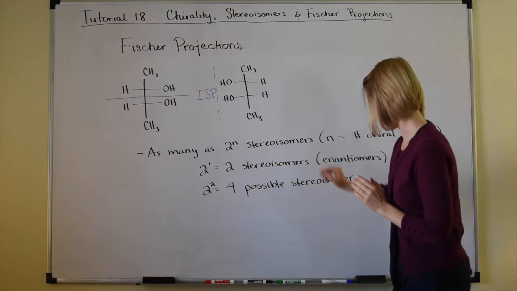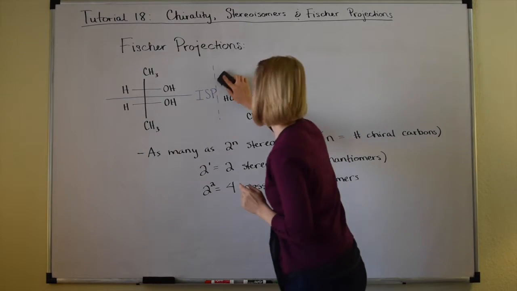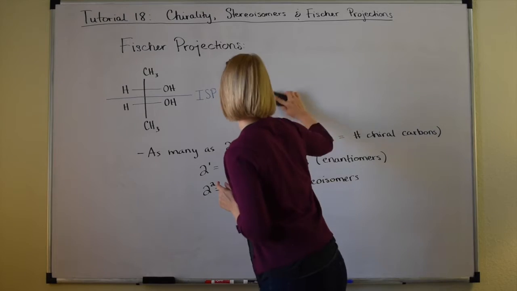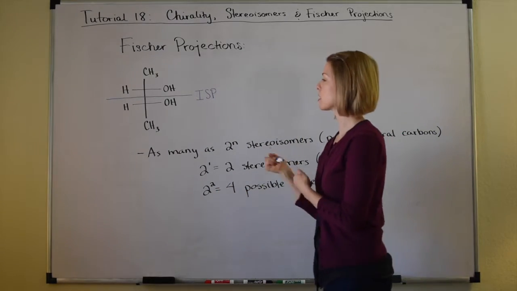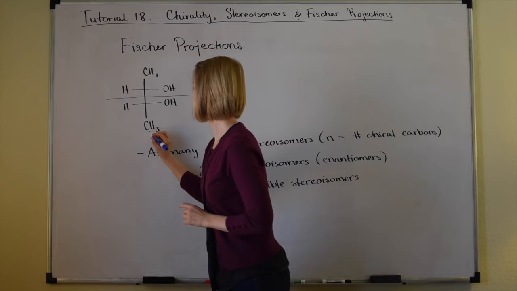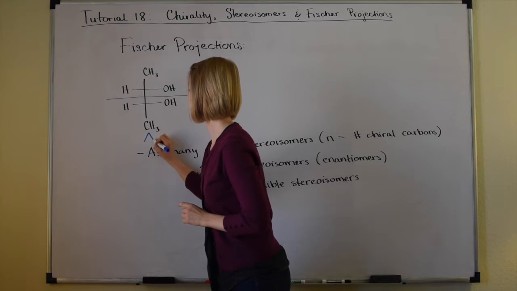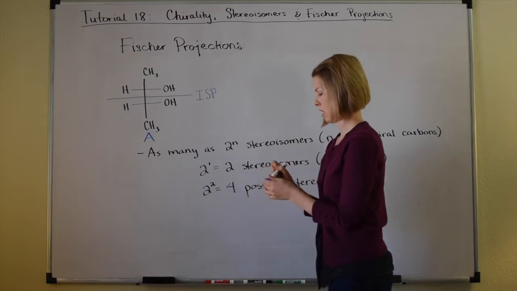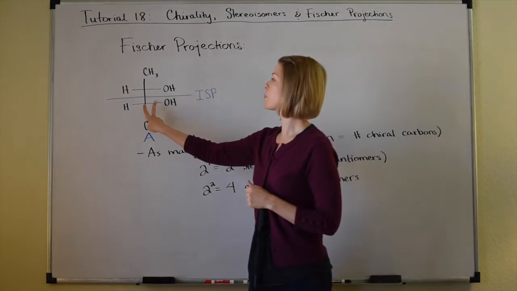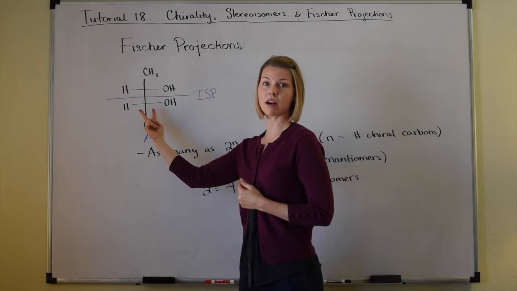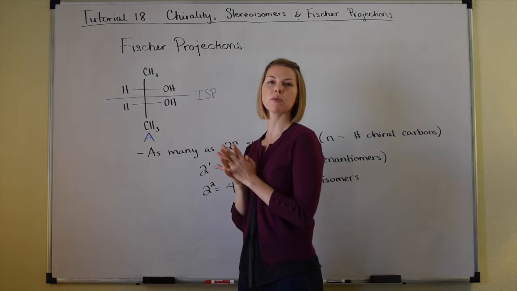So I'm going to erase that second one, because it's just the same molecule, redrawn. And I'm going to label this molecule A. Okay. And then we're going to draw another molecule, we'll label it B, where we flip one of these stereocenters, but leave the other one alone.